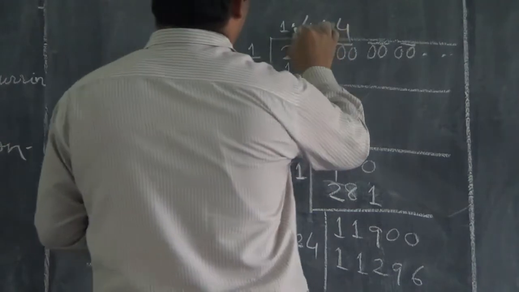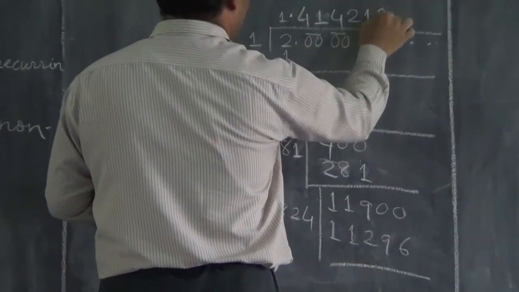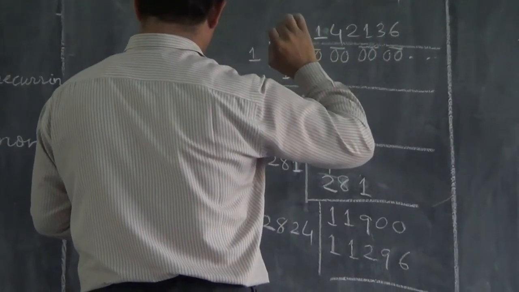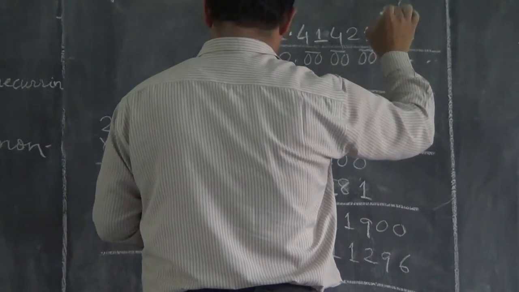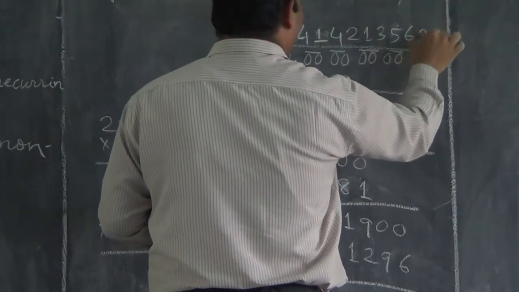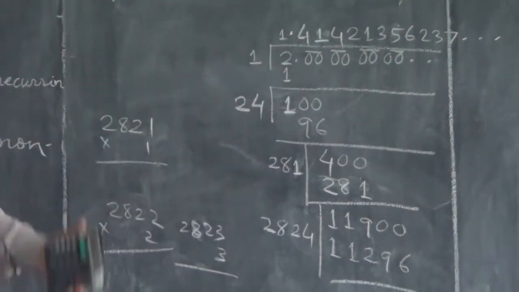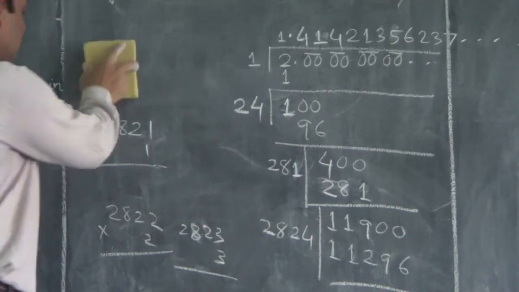So this process will go on, and when we go on doing it, we will get numbers like 1.41421356237. So it will go on, children. It will never come to an end.